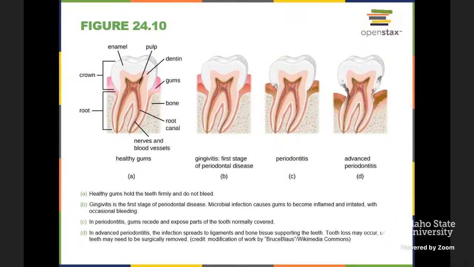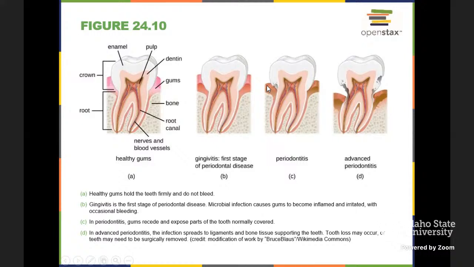So we showed this image of a healthy tooth. Initially, we started this, and now we want to see the progression when stuff goes wrong. So initially with the gingivitis, the redness, this is the first stage in periodontal disease, and left unchecked, we can progress.